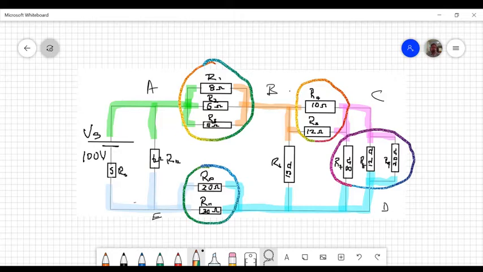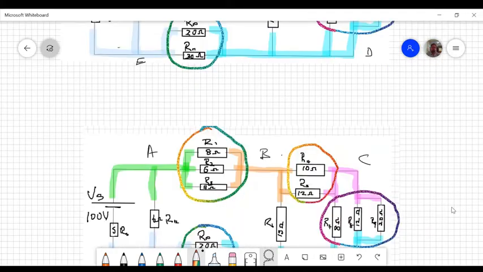So here we go. Okay, so redrawing the circuit and proceeding to calculate these individual group resistances, I get that this bit is 2.03 ohms.